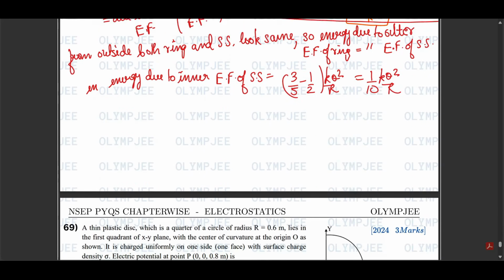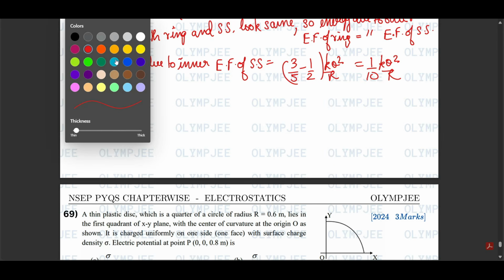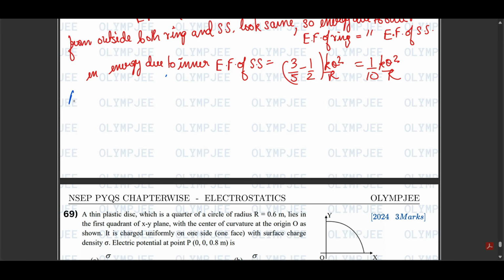Another method is, if you have read the chapter capacitors, then energy density is given as half of epsilon naught E square, and the electric field E inside the solid sphere is kqr by r cube.